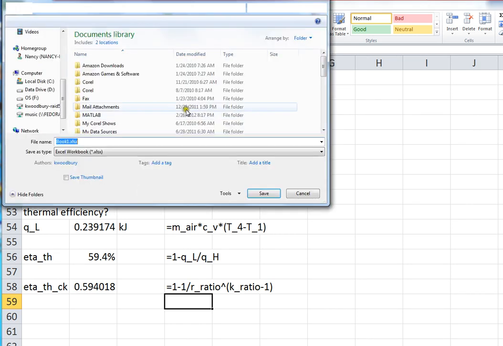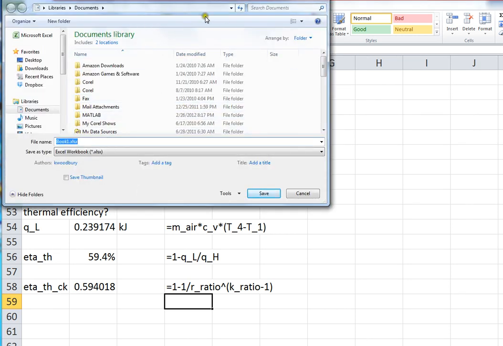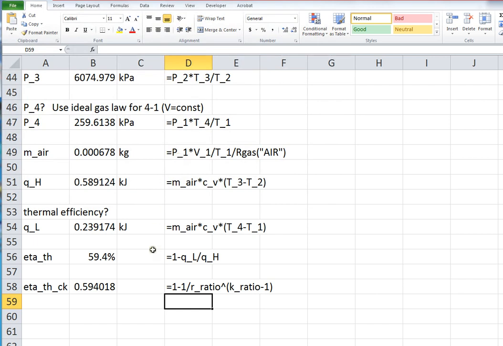The last thing he asked for is mean effective pressure, and we haven't talked about that yet, but that's the average pressure that you would need to generate the same net work by expanding through the volume ratio.